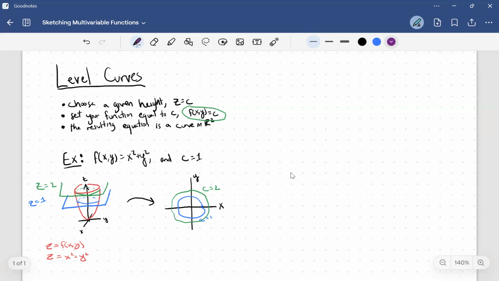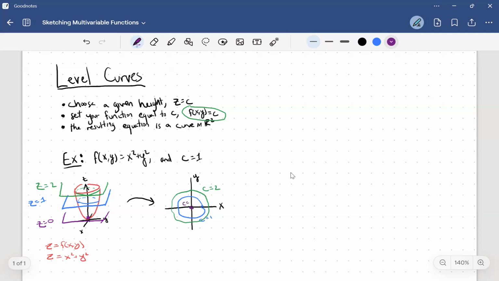If I wanted to look at a smaller height, let's say z equals 0, I would slice this, and at z equals 0, the only point on my graph, z equals x squared plus y squared, that occurs at height 0 is the place where x squared plus y squared equals 0, and that is precisely at the origin, (0, 0).